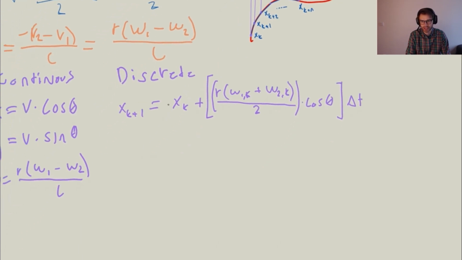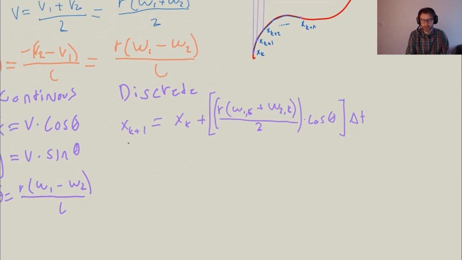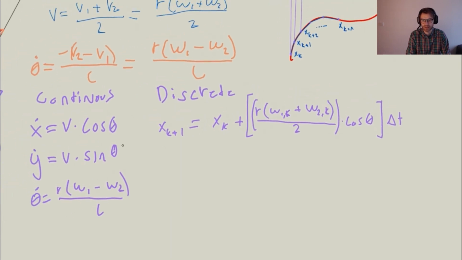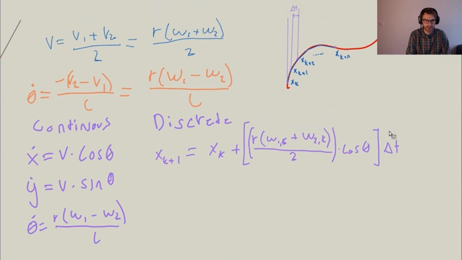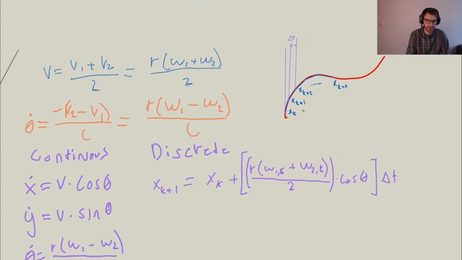So to recap, we want to calculate the next step, xk plus 1. And we use the current location of x, so xk, as a starting point. Then we utilize this continuous equation, and we just multiply it with the delta t, the time interval between the two spots.